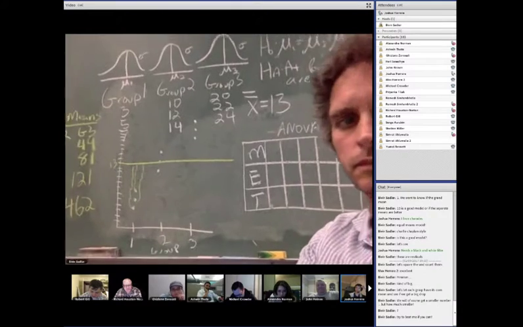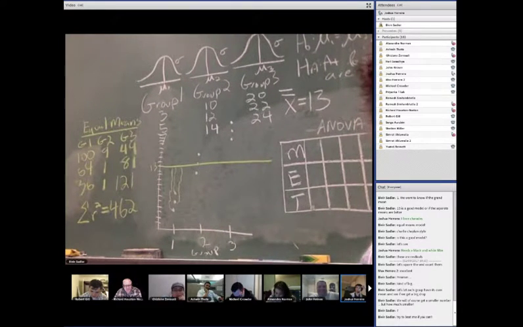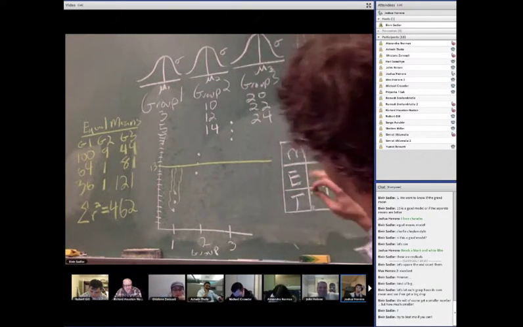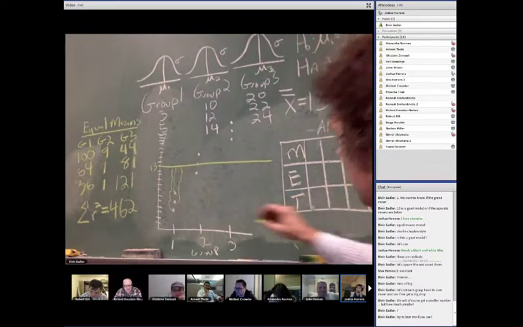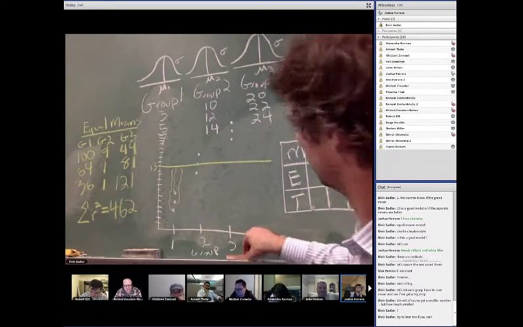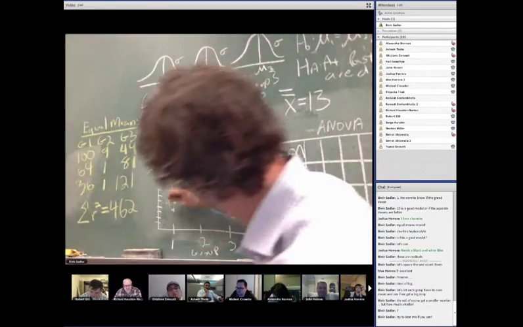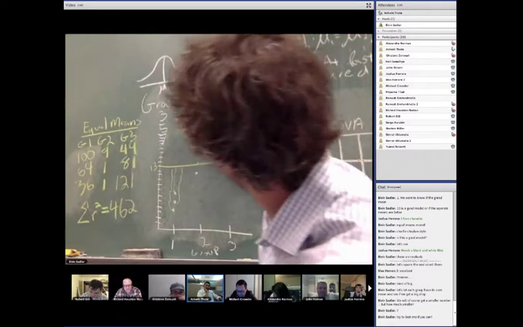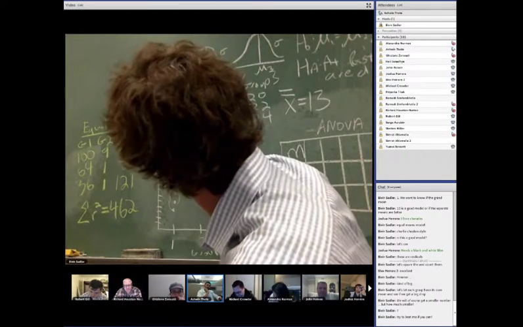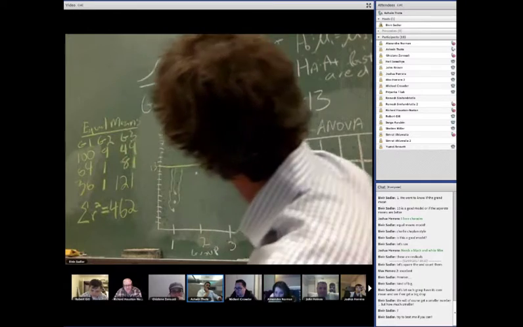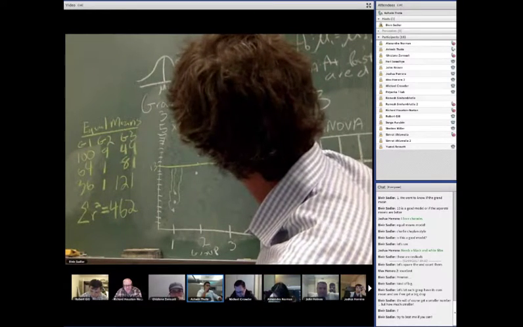See, the orange chalk here. Now we're going to take the group means and subtract the grand mean from them and square those, as opposed to subtracting from the grand mean for each observation. He's looking at the individual group means.